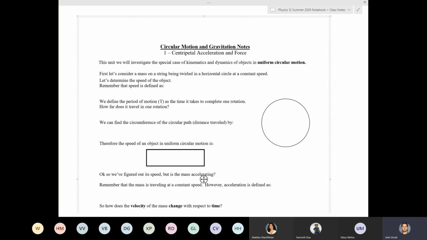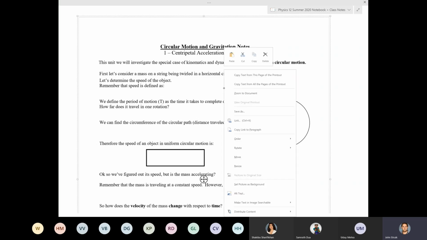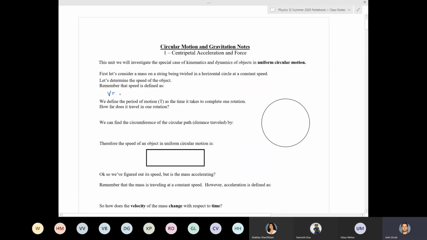So let's consider a mass on a string being twirled in a horizontal circle. So we're looking at, like, this circle here is a top view. The object's going around in a circle horizontally. So speed is defined as d over t, so the distance over time.